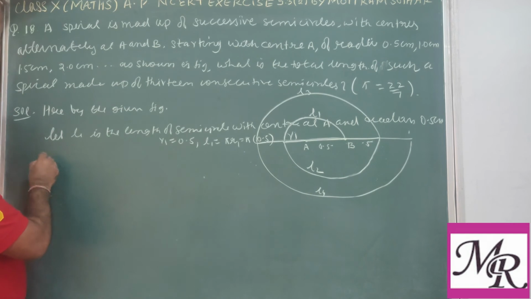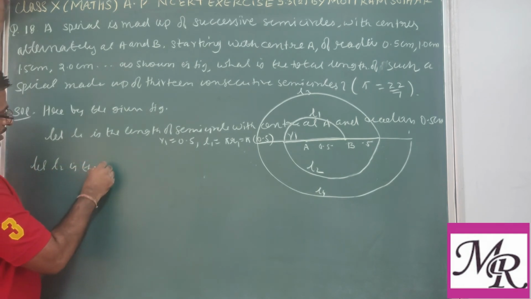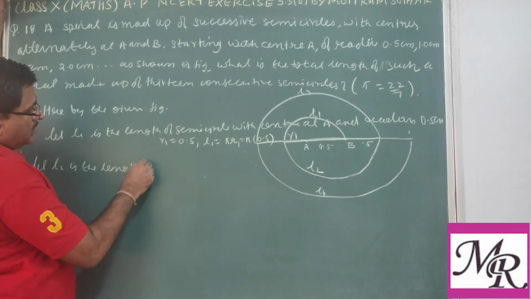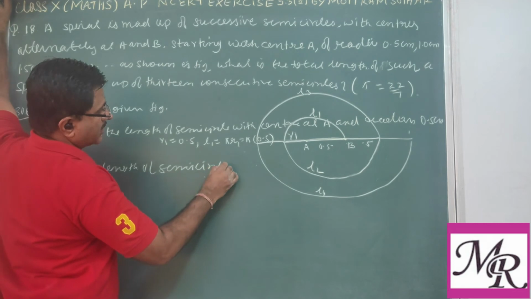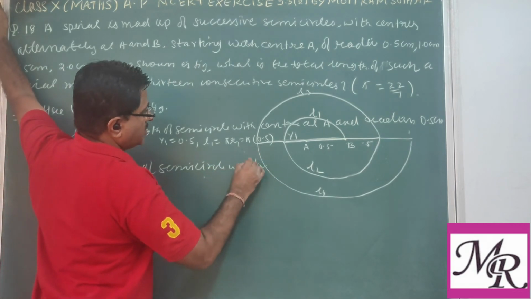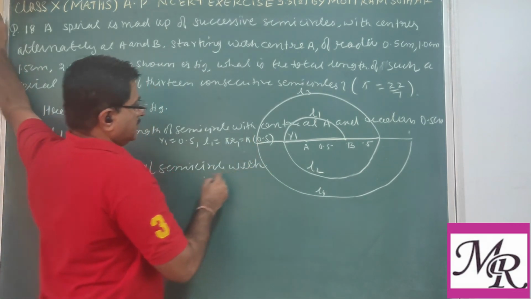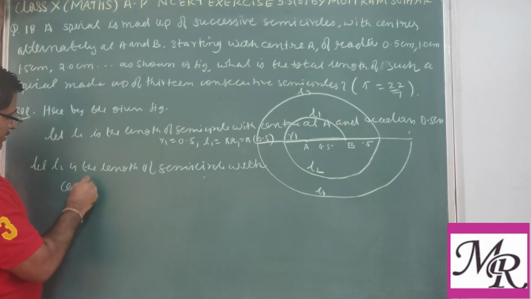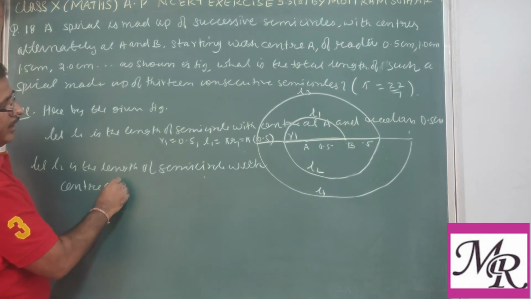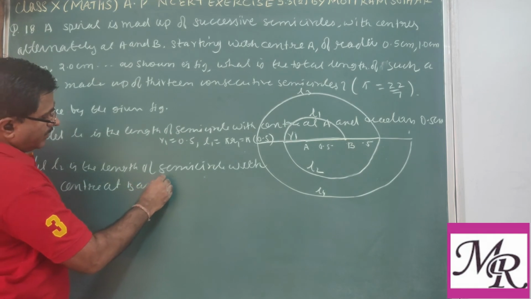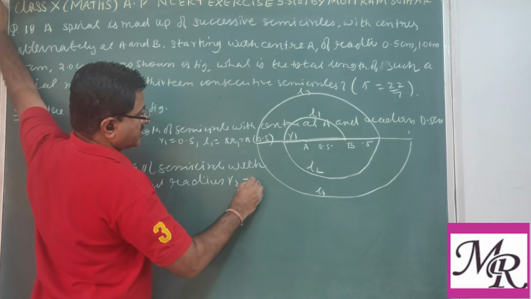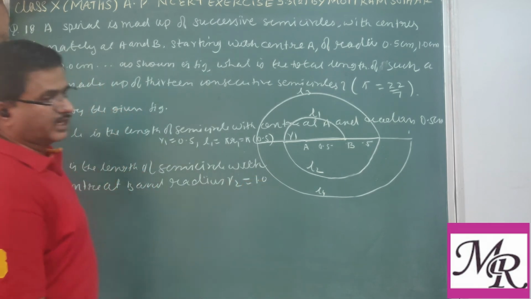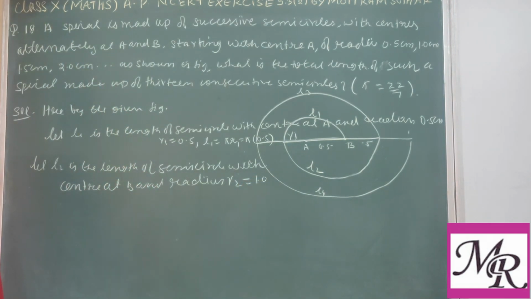Now similarly L2 is the length of the semicircle with center at B and radius R2, which is given as 1.0 centimeter. Each time 0.5 is increasing.